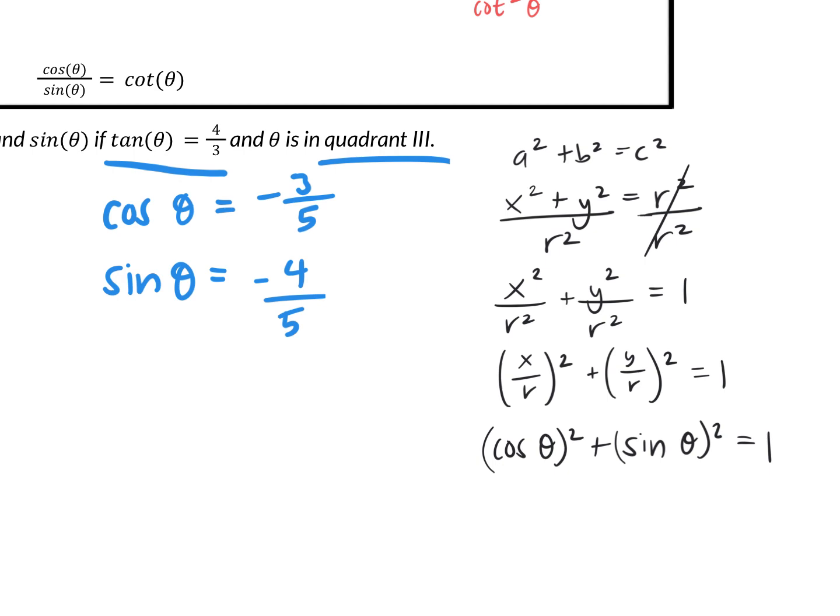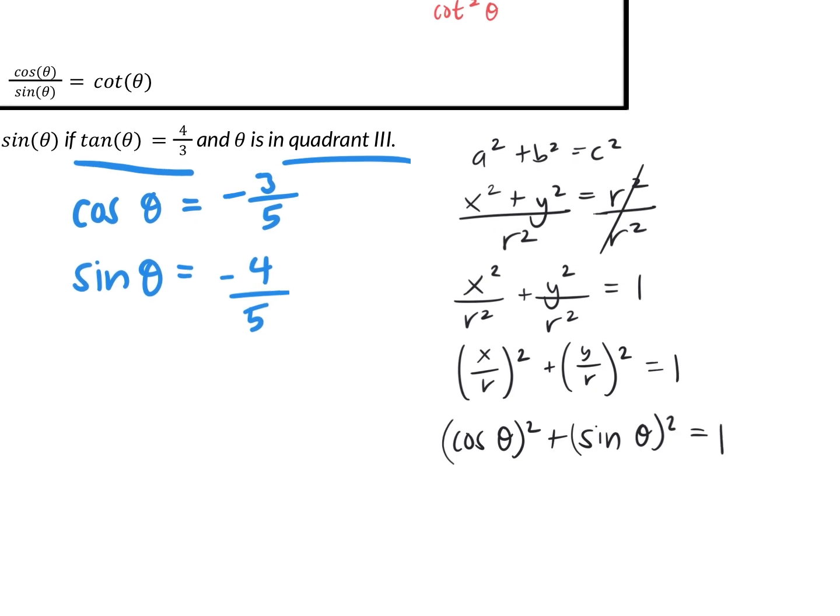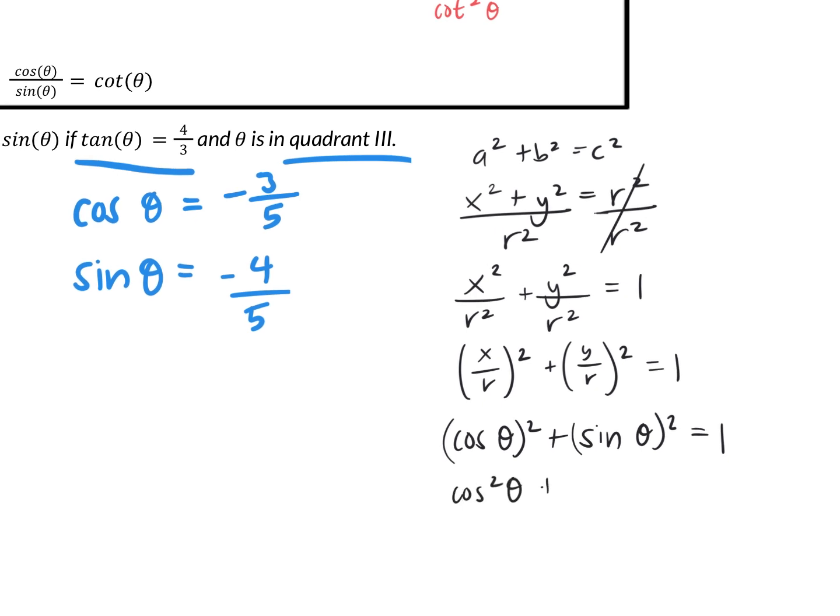Okay, the only difference between what is written there and what is written right above in that box is that the 2 is in a slightly different place. So I could rewrite this as cosine squared theta plus sine squared of theta, and that equals 1. Now, if I did not have my parentheses here around the cosine of theta and I put the squared term there, technically that would be like squaring just the theta. So you do need parentheses there, or you need to write it like this, okay?